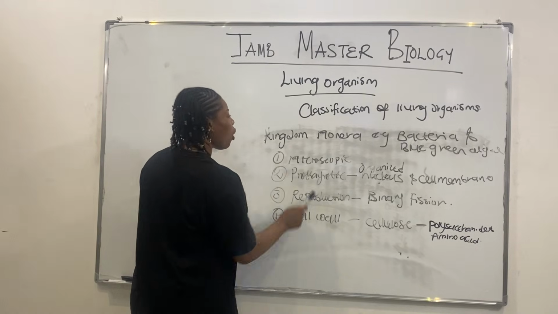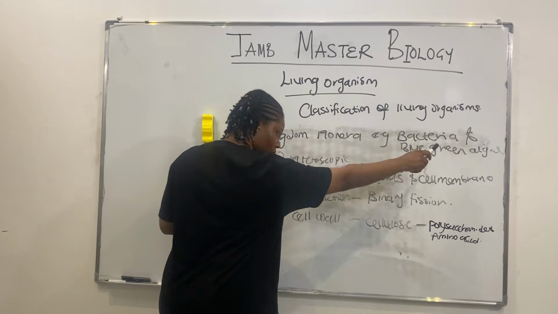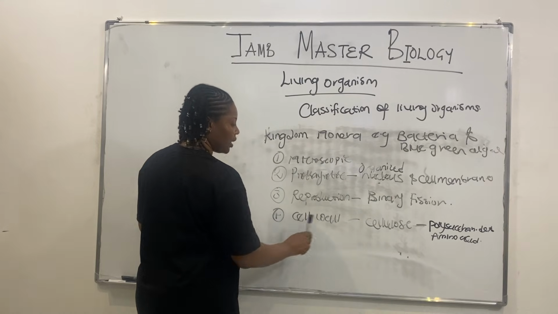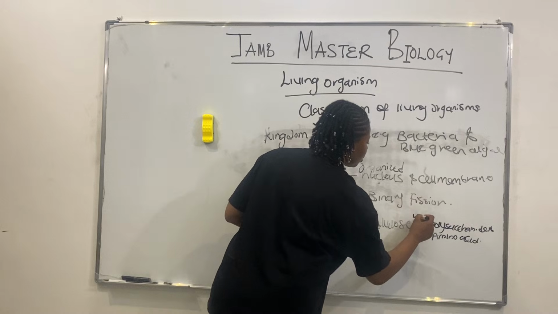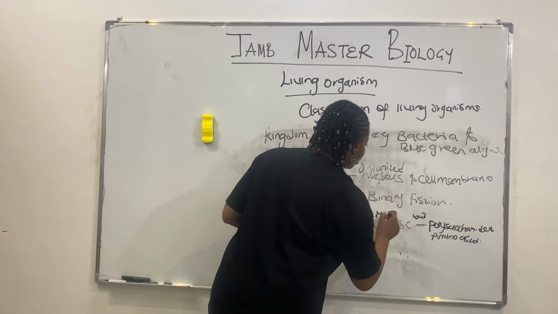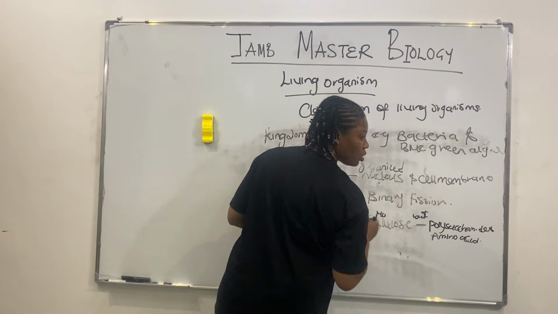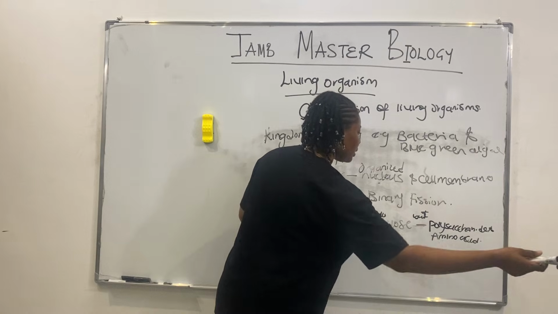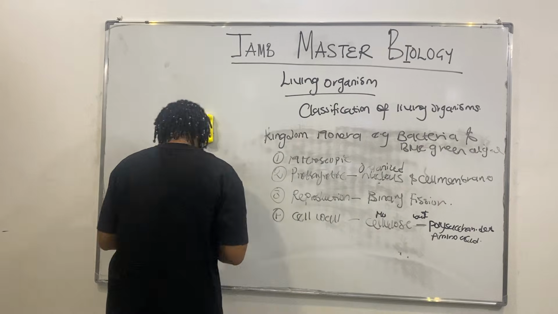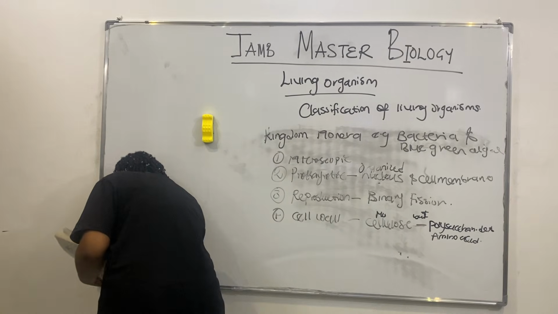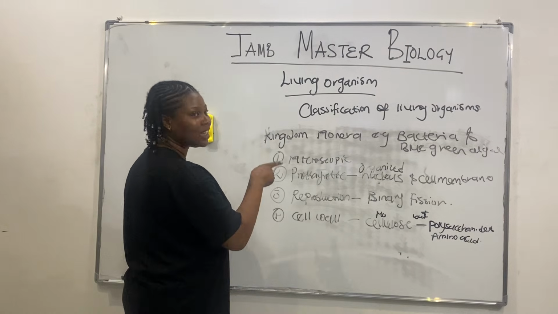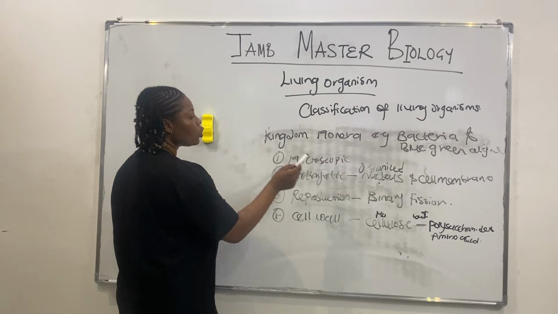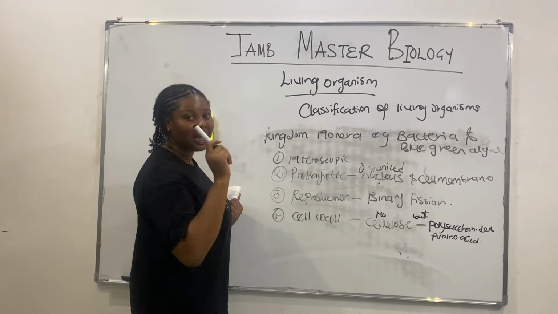So the cell wall of kingdom Monera, which is bacteria and blue-green algae, does not contain cellulose, but polysaccharide and amino acid. So these are the important things we need to note about organisms under the kingdom Monera. They are microscopic, which means that we cannot see them with our natural eyes.